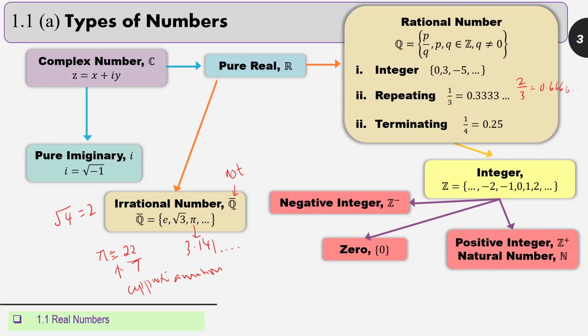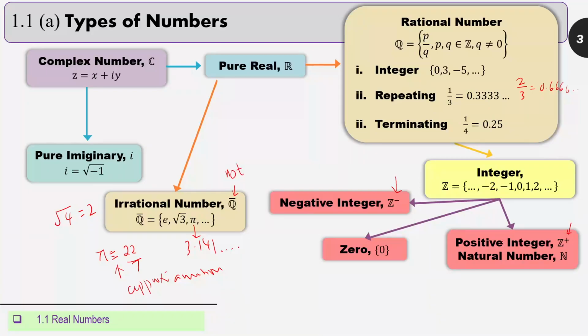And how we represent them is in the notation of Z. If you notice on the top right-hand side there is a cross over here, this means positive integers, and over here there is a negative sign, so this is negative integers, which means that Z alone represents the integers.